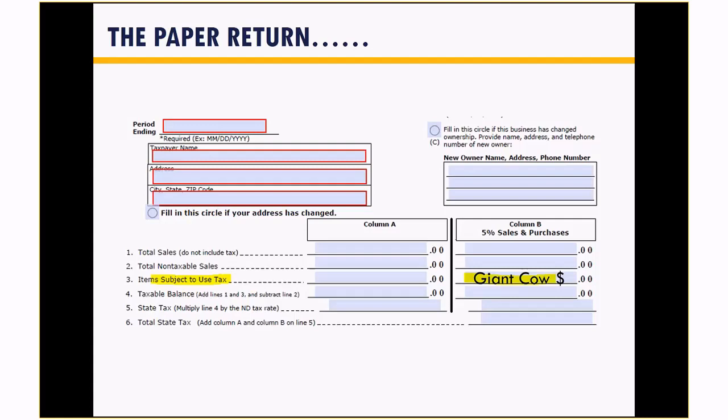It'll be the same in most states. And over on the right, they enter the dollar amount that they paid for the giant cow. This then works its way through the process, and the tax is paid to the state on the purchase.